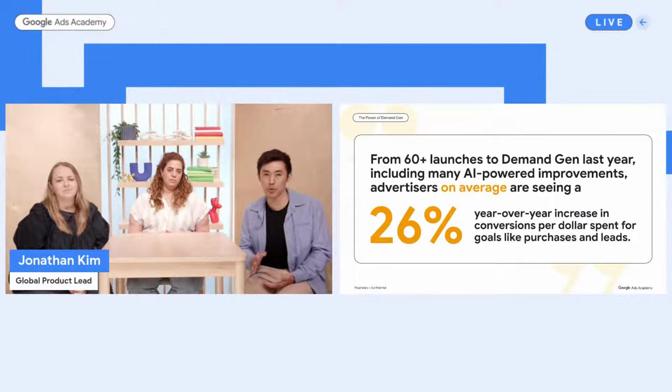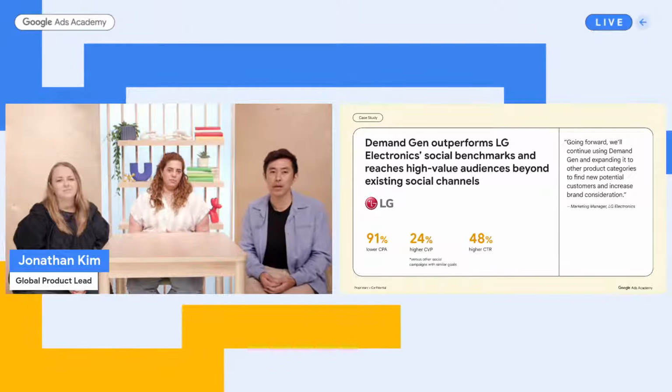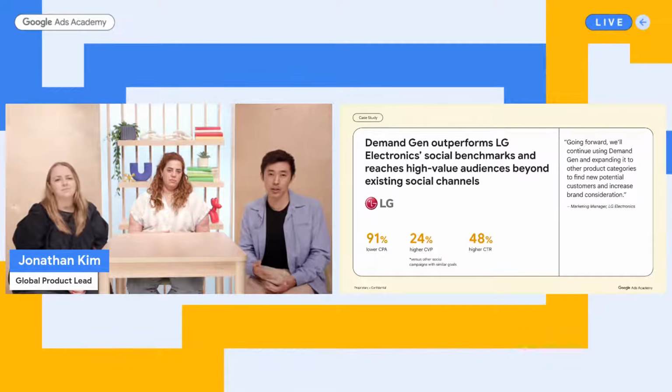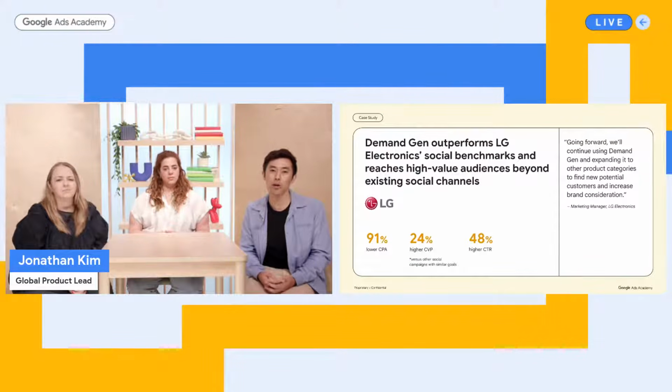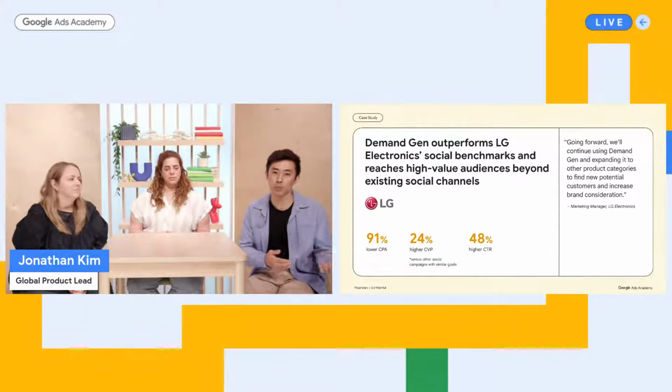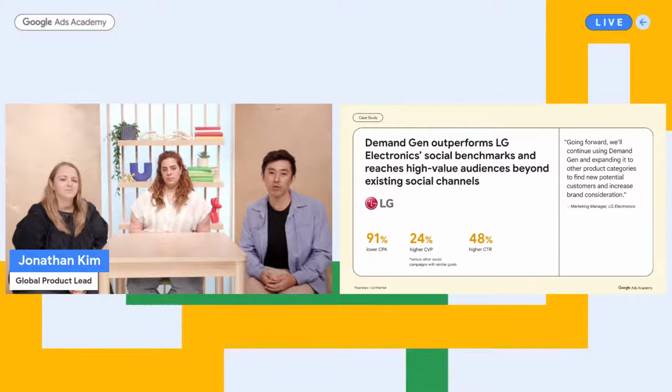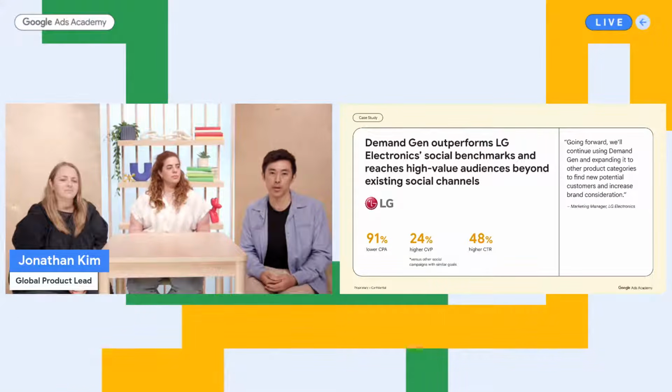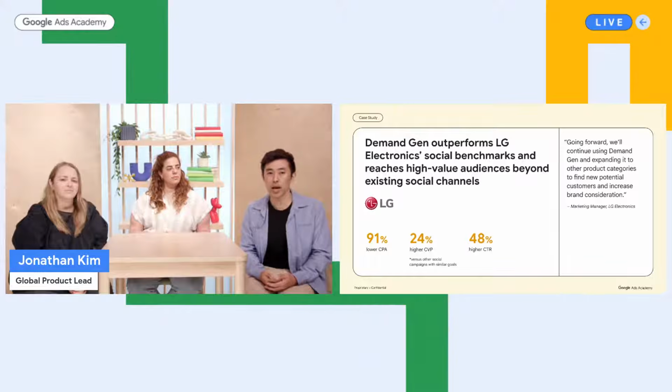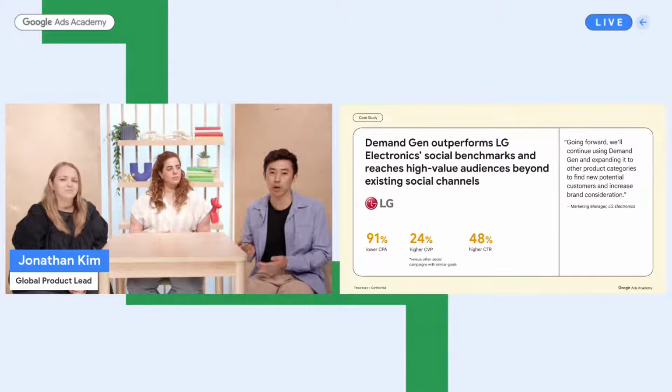Let's look at a couple examples. So take LG Electronics, for example. They sought to enhance their dual cool air conditioner brand presence, driving website traffic and reaching new valuable audiences beyond social media. They tested demand gen's AI-powered features to optimize creative assets and expand their reach efficiently through optimized targeting.